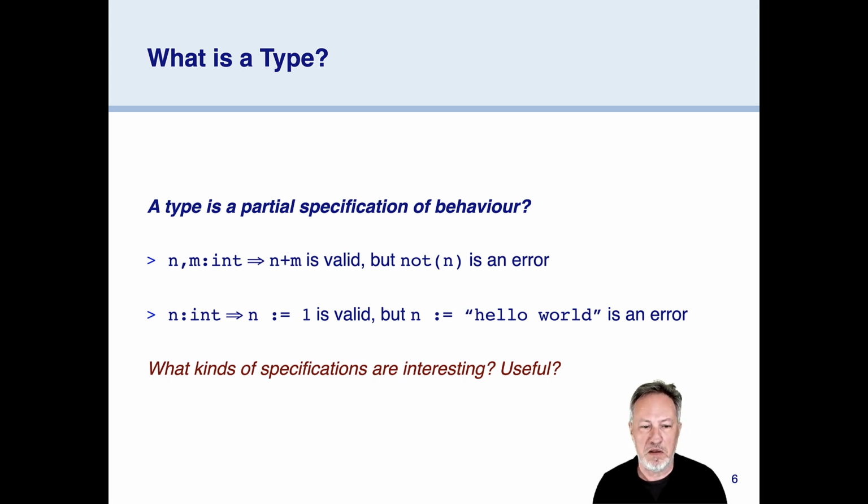Similarly, if we specify that n is an integer, then we can assign an integer to it, but we can't assign a string to it. So a type can also be thought of not just as a set of values, but some kind of specification of what the function or the variable should fulfill. But what kinds of specifications are interesting or useful?